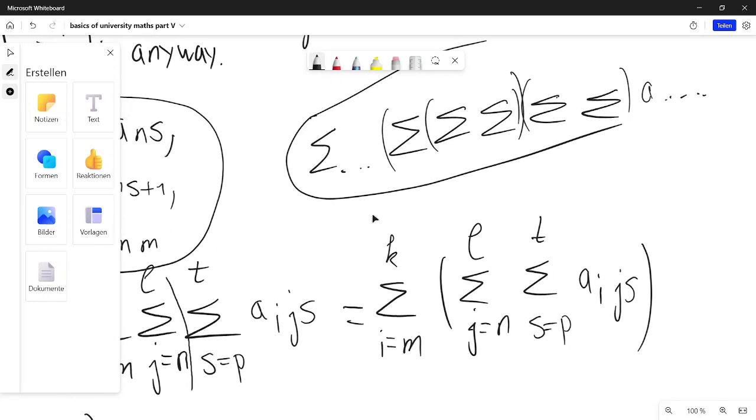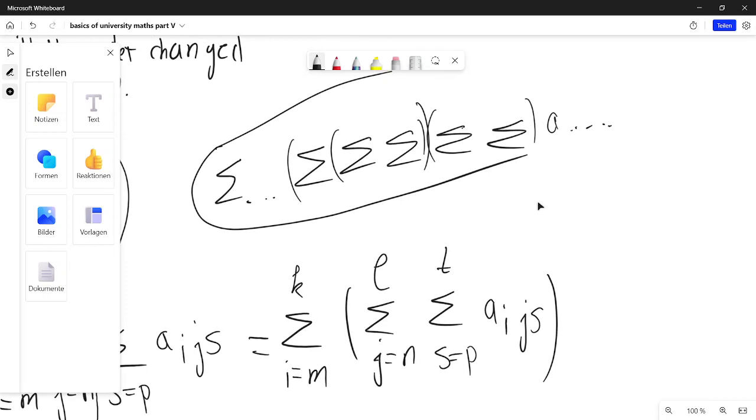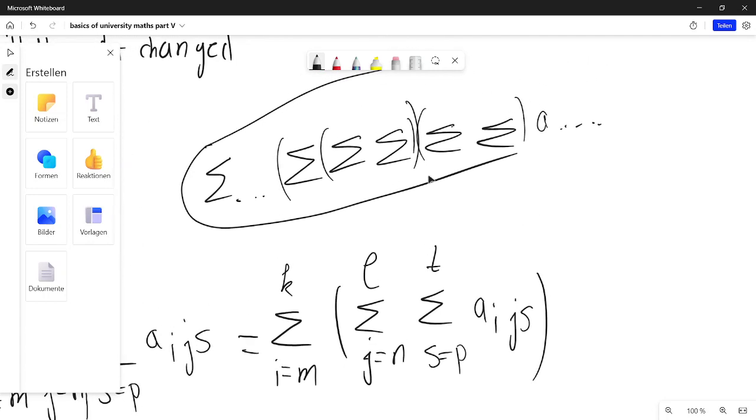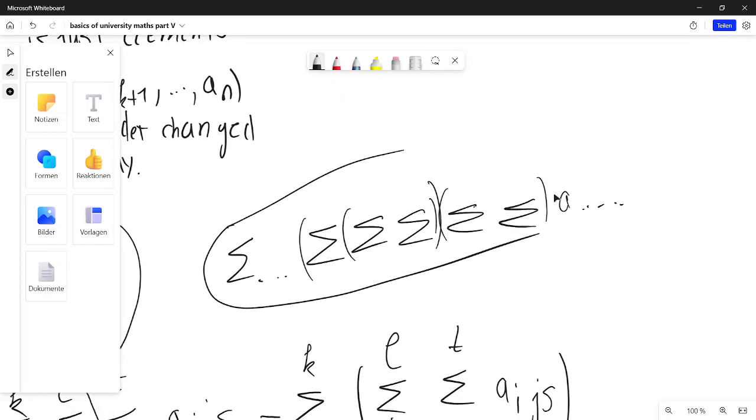We could think about a proof. I think I've thought about a proof once. It's not necessarily that trivial because you have to see all combinations.